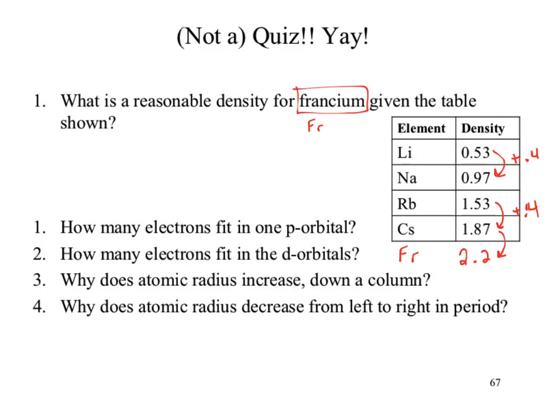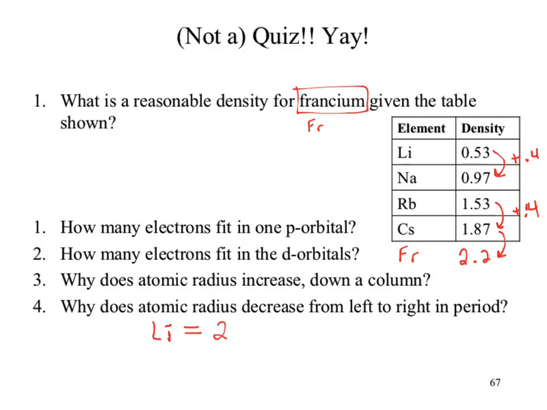Why do we get the atomic radius increasing down a column? What is the outermost electron for lithium? Because I don't want to ask electron configurations. Lithium is located in which row? 2.